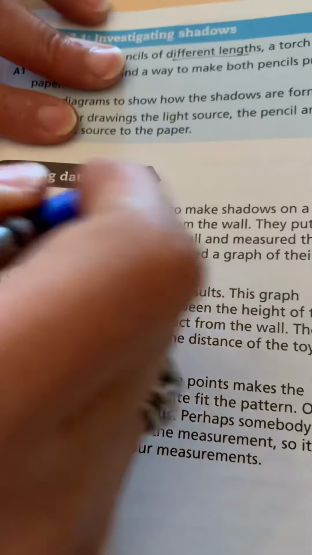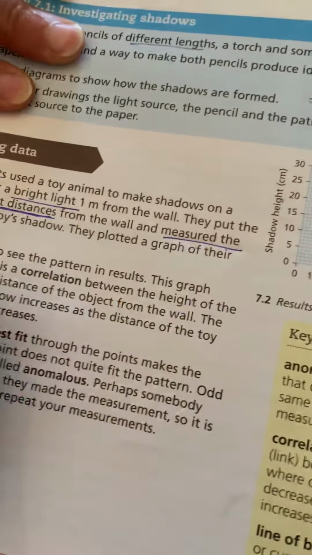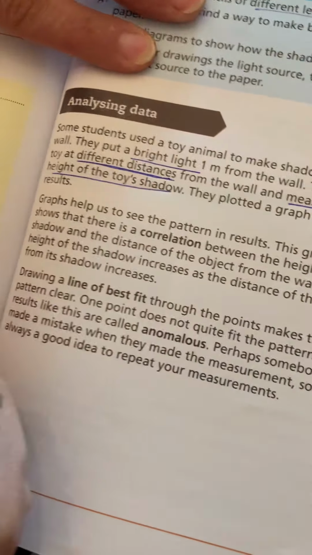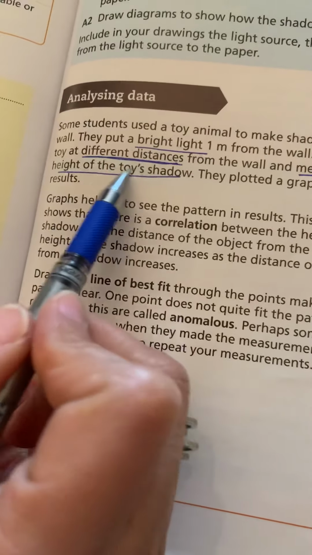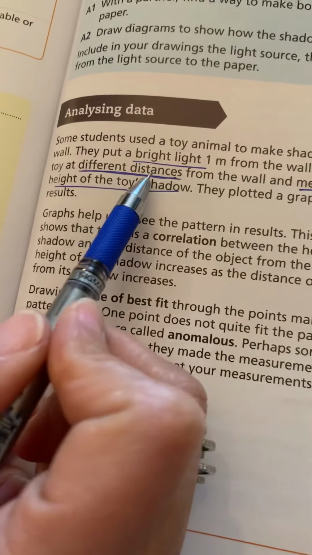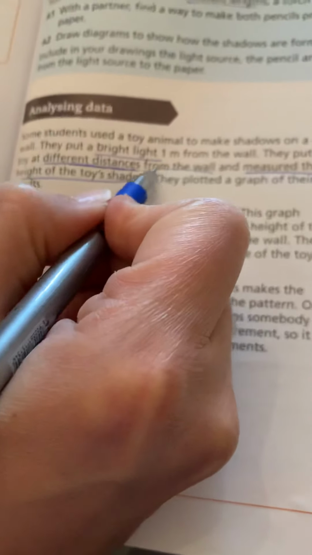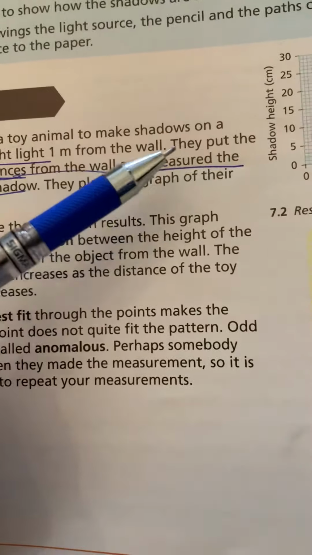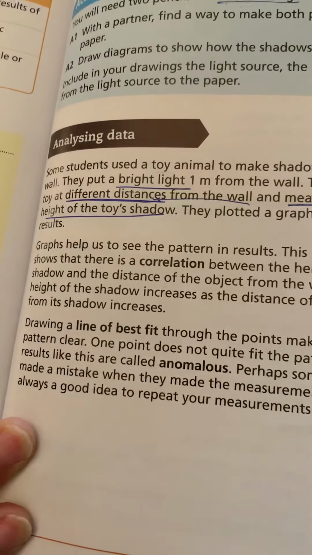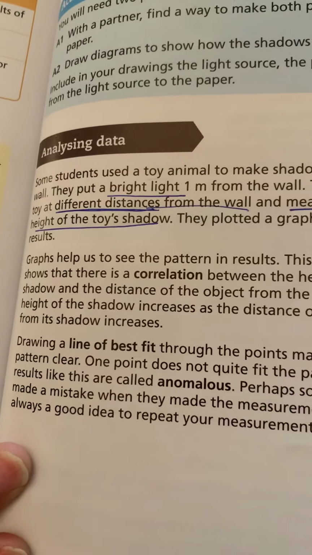So pay attention here and here. The variable that they are changing is the distance from the wall. The variable that they are measuring is the height of the shadow, okay?